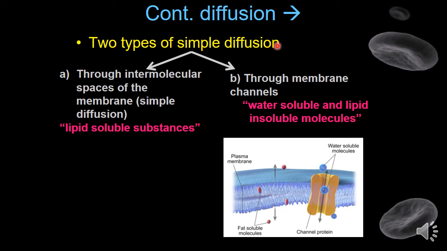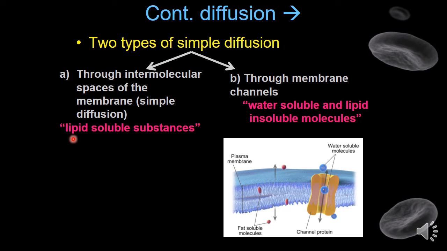We have two types of simple diffusion. The first one is directly through the cell membrane, crossing the lipid bilayer. This type of diffusion is used by lipid-soluble substances like gases.